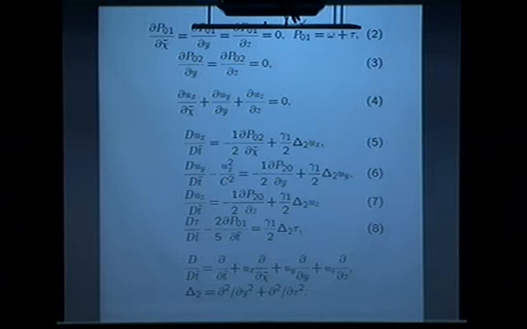Next step, you take the divergence of this equation. Then from this condition, the divergence time derivative vanishes, and then you get the equations. You take the divergence and take the average over the cross section.